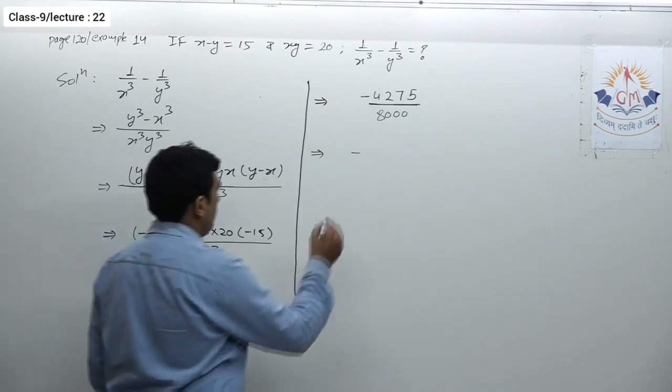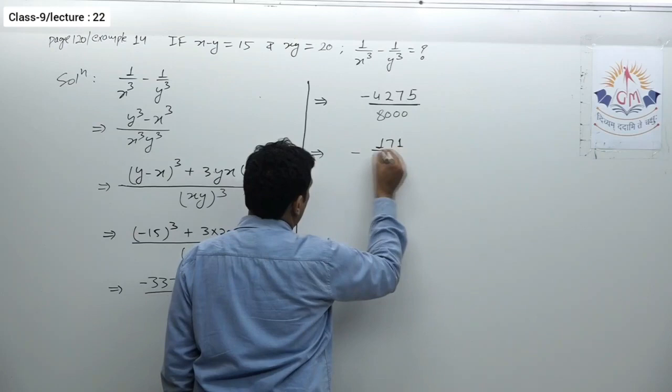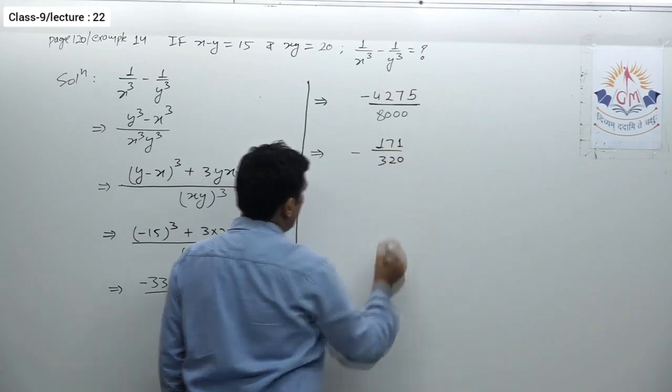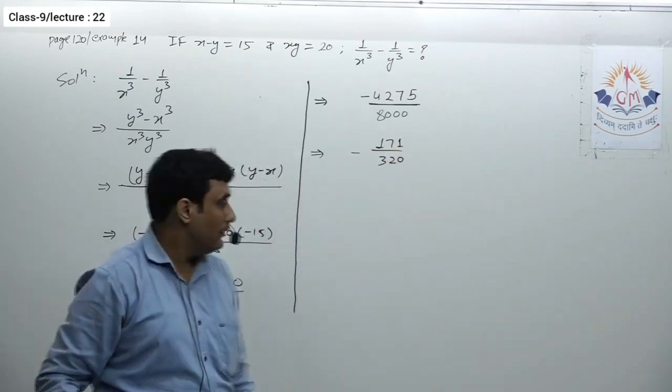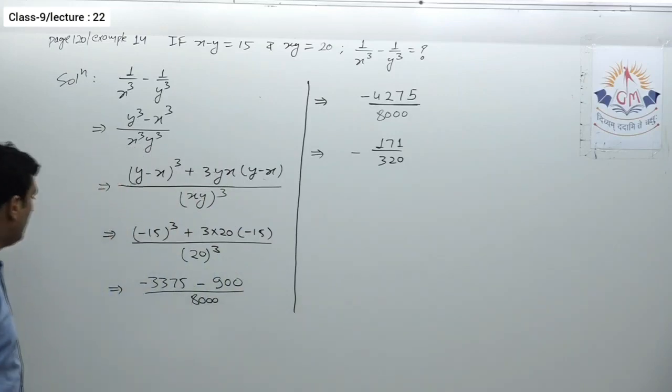So 171 upon 320. This is the final answer. Please note it down.